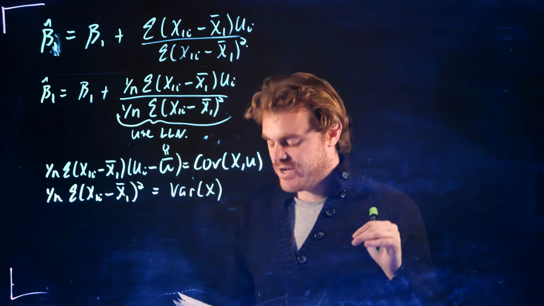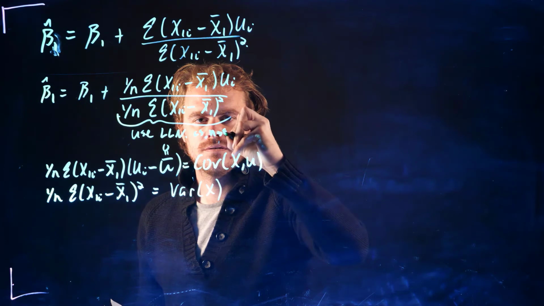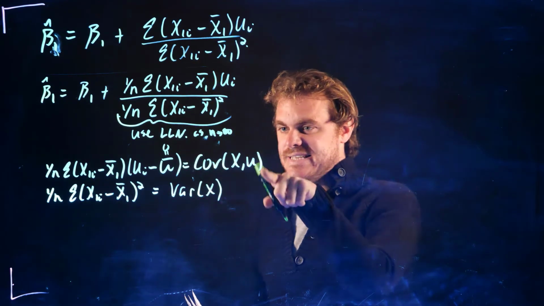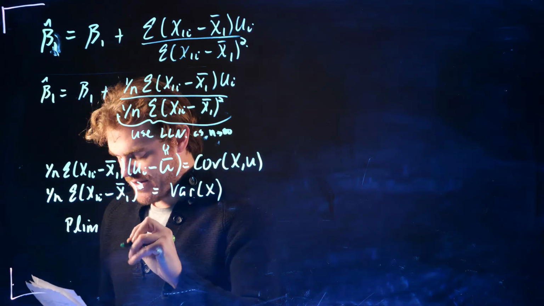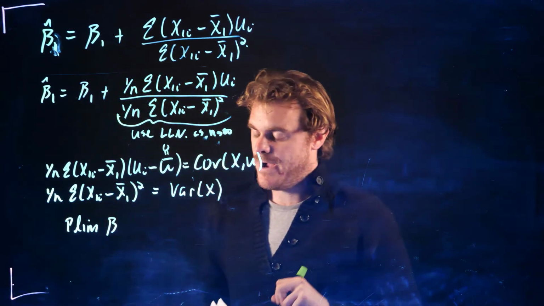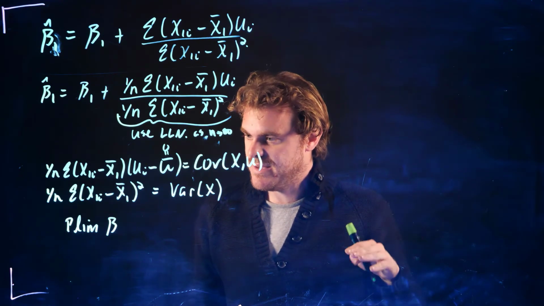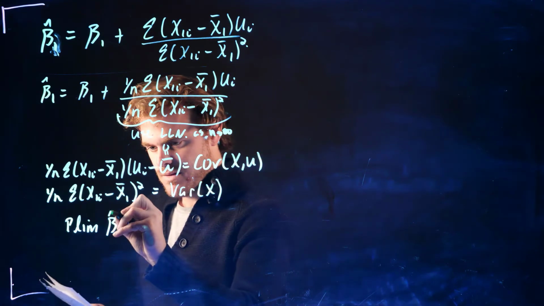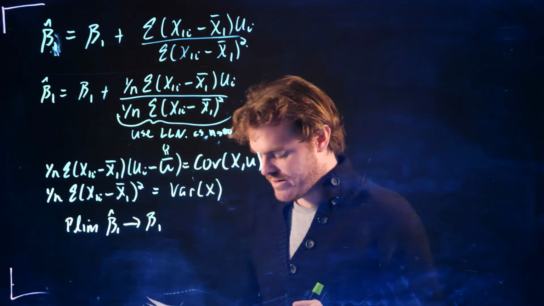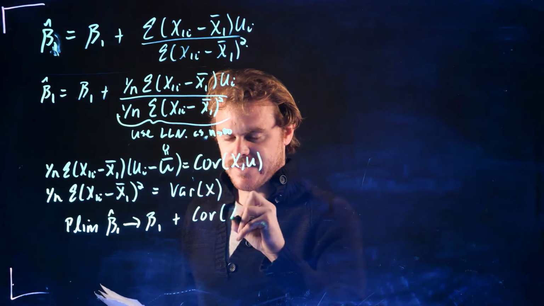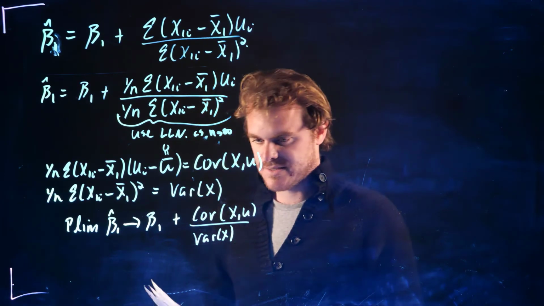And so as n goes to infinity, the probability limit, if you remember that from the review of stats module, the limit in probability of beta hat 1 approaches the true value of beta 1 plus this covariance of x and u over the variance of x.